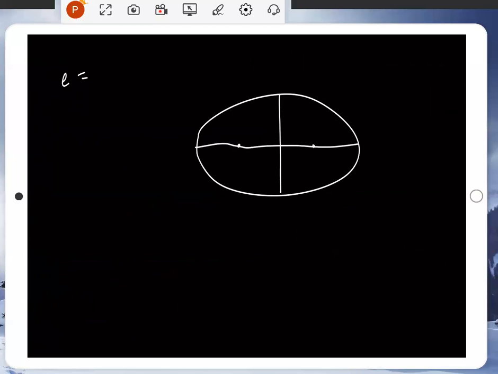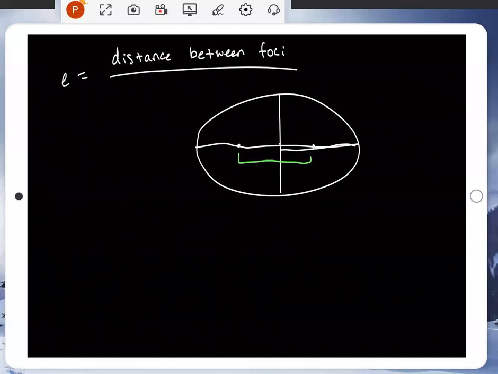So this distance here would be the numerator, because as you said, it's the distance between foci, and then the length of the major axis, which is the whole thing. Semi-major is this half here, and the major is the whole thing.